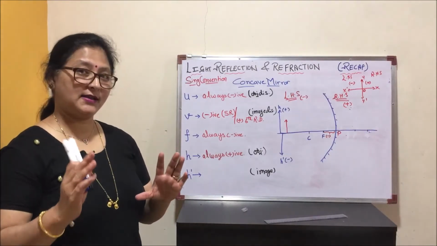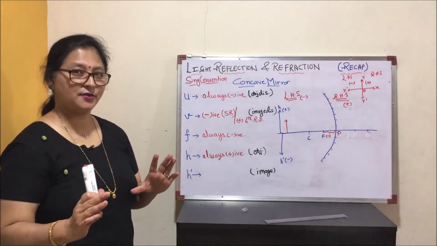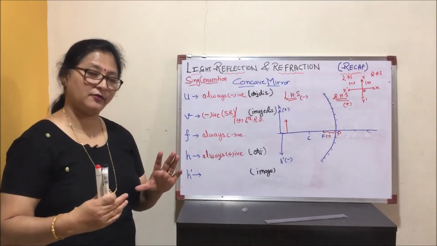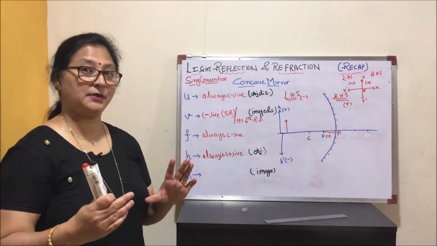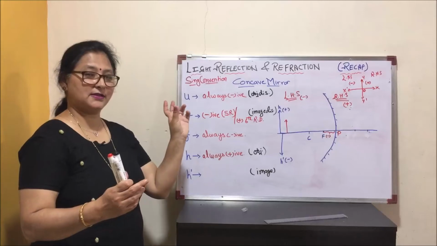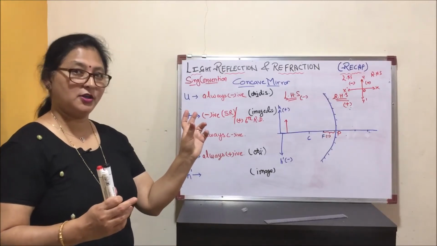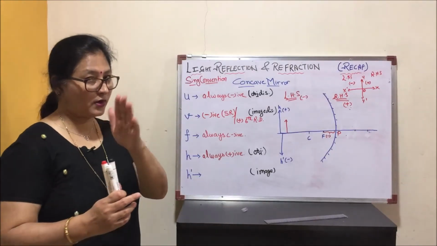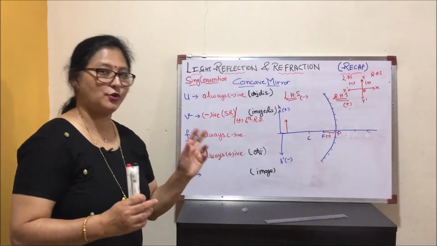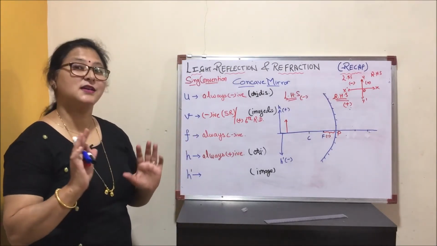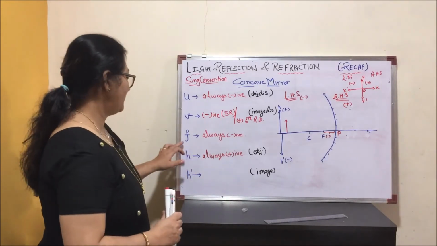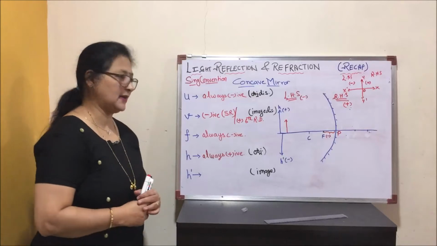So focal length is half of the radius. If the radius is 30, then half of it is 15 centimeter. And since the question says concave mirror, the focal length is on the left hand side, so it is always negative. So you take the focal length as minus 15. Clear?